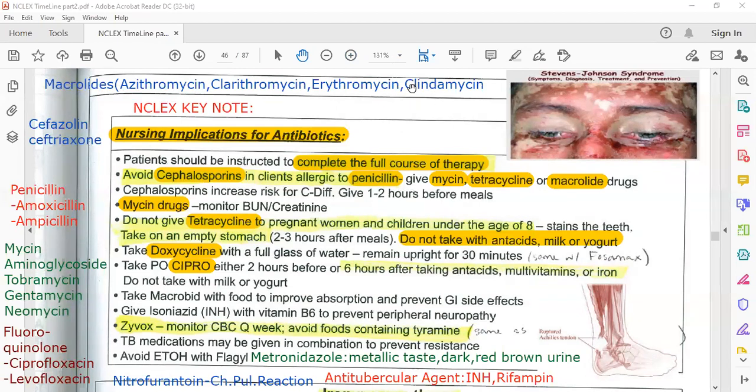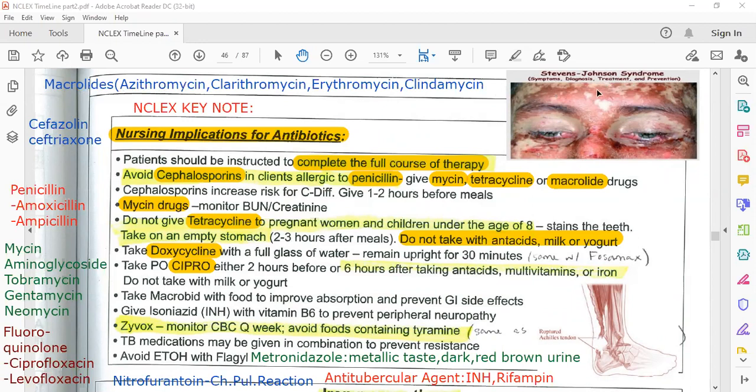These groups of drugs can cause thrombocytopenia, meaning platelets go down. Sometimes the patient has abdominal pain, taste change, or superinfection. But most important, with macrolides, sometimes some patients develop Stevens-Johnson syndrome.